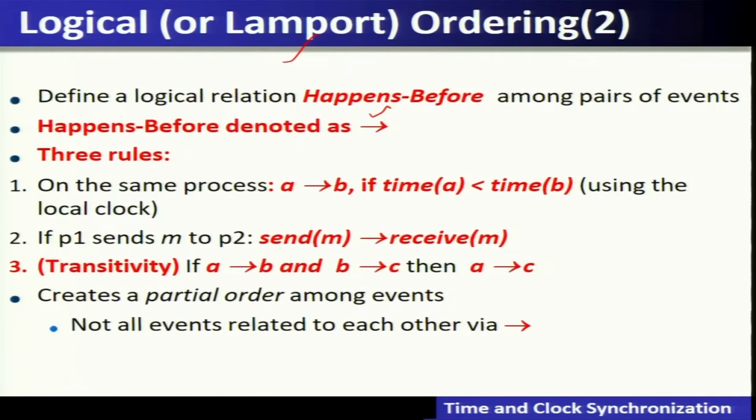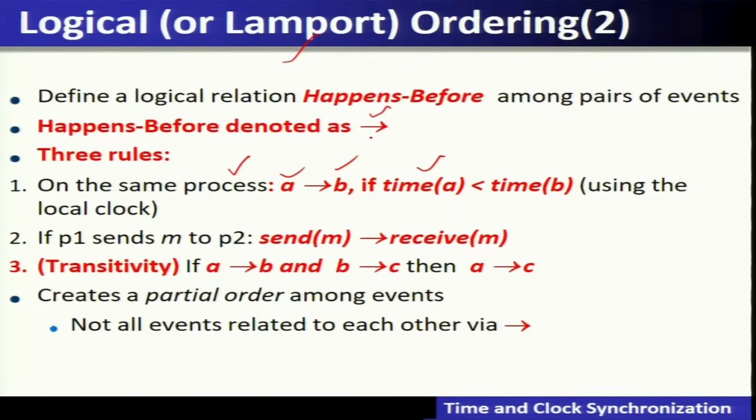This happened-before relation follows three different rules. The first says that on the same process, if there are two events A and B, and you see the local time of A and the local time of B, the time of A is less than that of B. This means that A has happened before B.